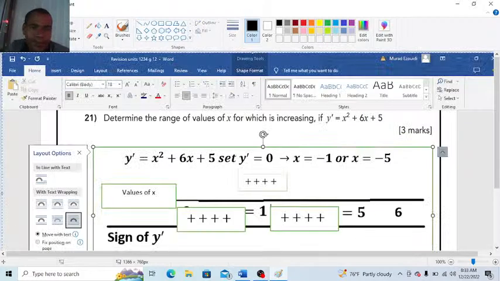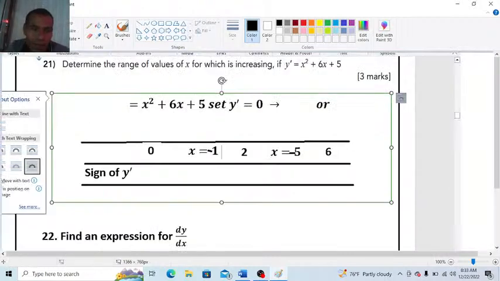I will paste. So I will now get this. Go back, it will be like that. Now I will paste this. So this is x minus 1, I'll put it here. This is x equal minus 5, I'll put it here, and the 0 here.